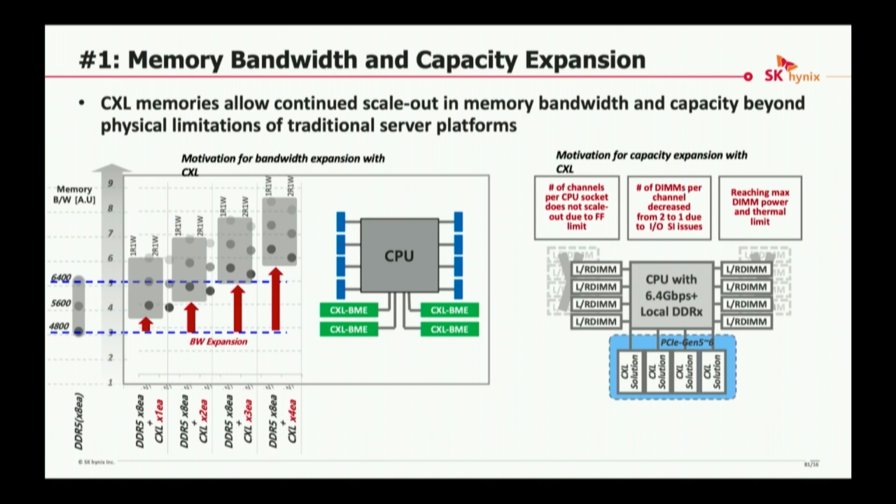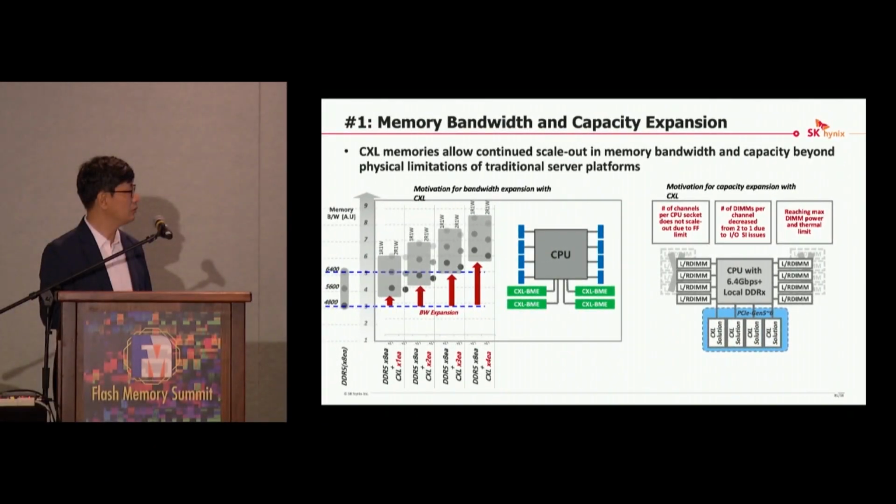On the other hand, on the right-hand side, we can also increase the capacity through CXL. So instead of adding more memories to the channels or to more number of DIMMs, which is becoming more difficult now, as I explained, now CXL opens up the opportunity to add more capacity to this CXL channel, as shown here.